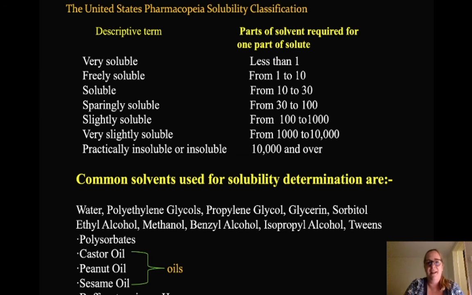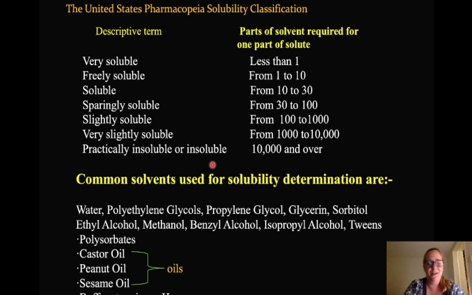The United States Pharmacopeia has a solubility classification. This is kind of very random, I feel. They use descriptive terms, but also they use parts of solvent per part of solute. So they have anything from very soluble to freely soluble, down to sparingly soluble, slightly soluble, very slightly soluble, or practically insoluble.